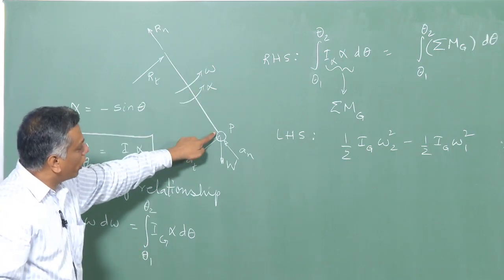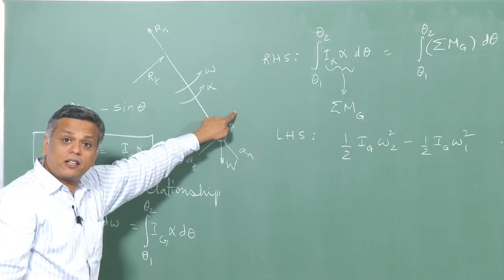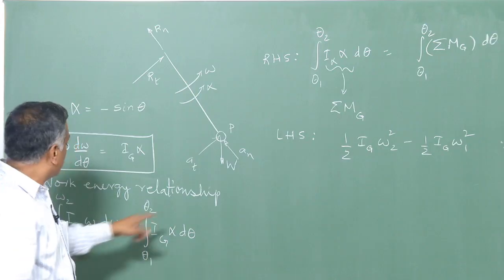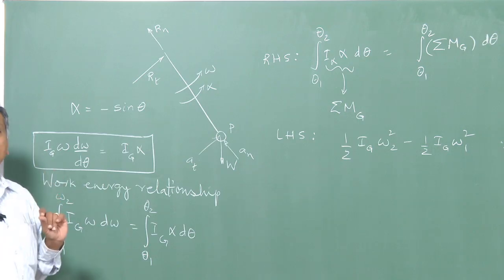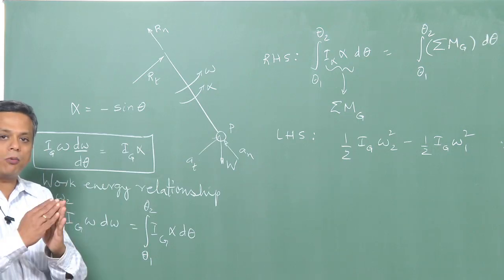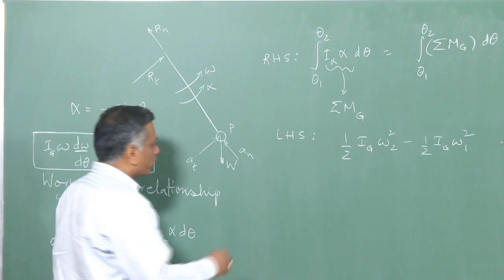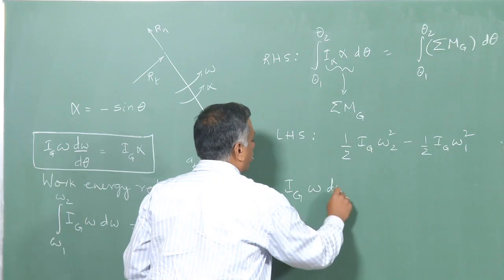So going from some angular position theta to another angular position theta plus d theta, a small increment in theta, this kind of differential form will allow me to apply the work energy relationship over that differential angular process.